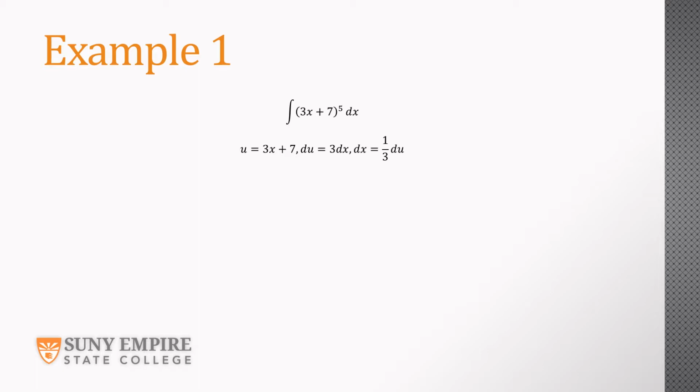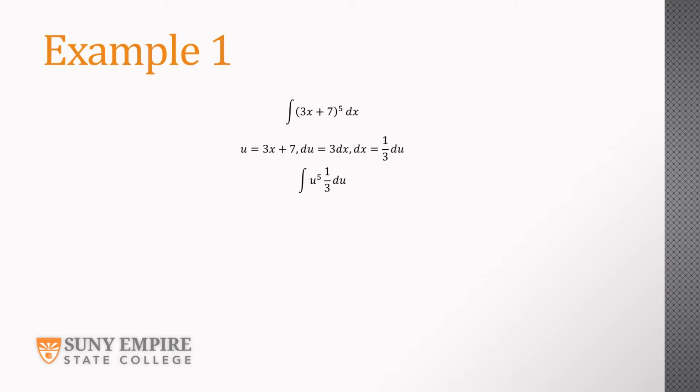In this problem, we have the quantity 3x plus 7 raised to a power, so this will be our choice for u. The derivative of this function will be 3 multiplied by the derivative of x. Solving for dx, we have 1/3 multiplied by du.